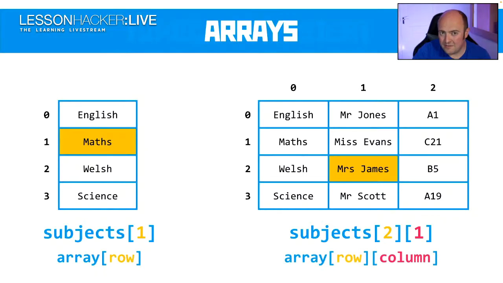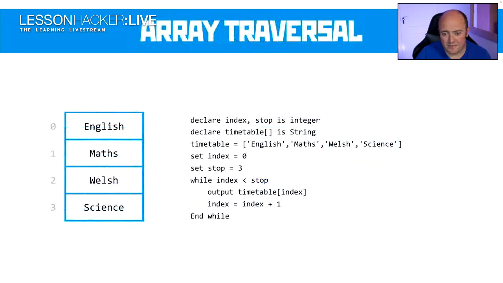Now, notice that's different to the way in which you would think about that in maths or in geography. It is not along the corridor and up the stairs or whatever, it is row then column, because what this is in a computer system is just an array with an array within it. So this needs to be remembered. Row then column, and everything is 0 indexed.